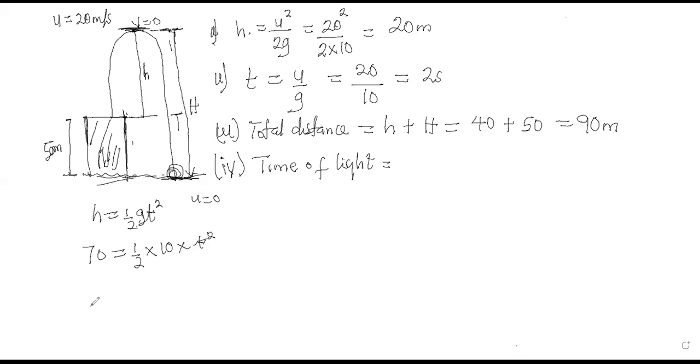So we have t squared is equal to 70 divided by 5. And class, what is 70 divided by 5? 14. Therefore, t is equal to the square root of 14.